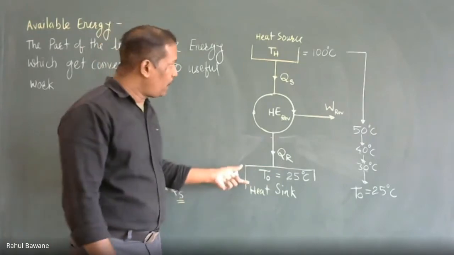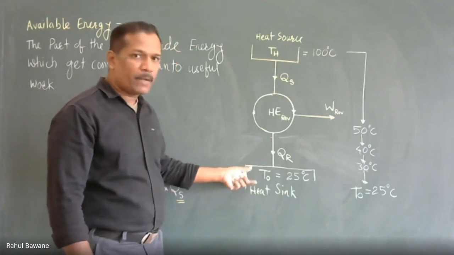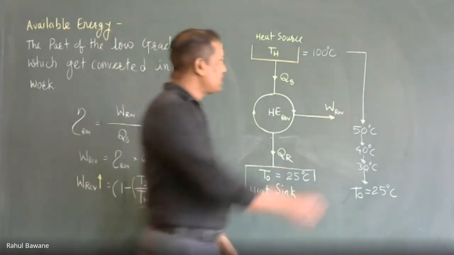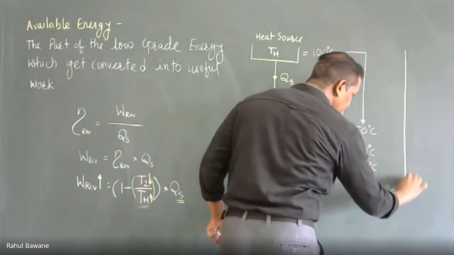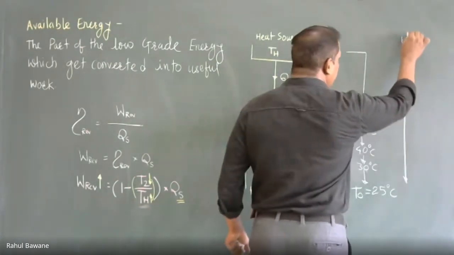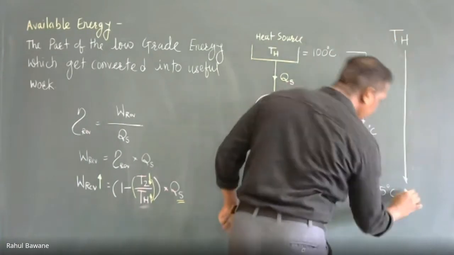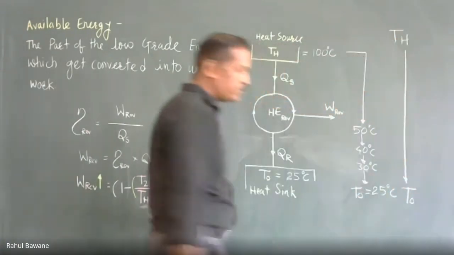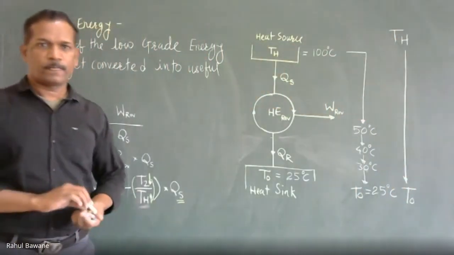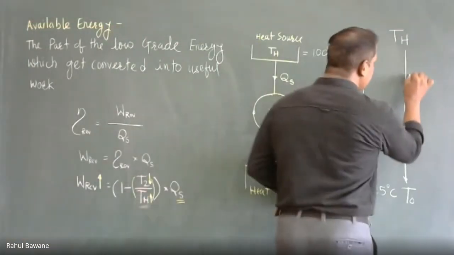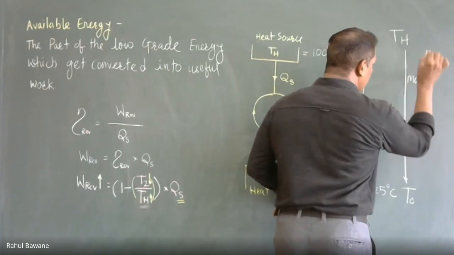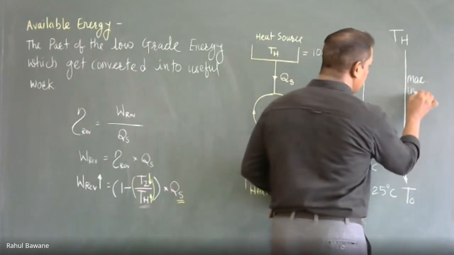That means I can obtain the maximum useful work when I reduce my temperature range from TH to T0, that is atmospheric. Then only I can get maximum useful work.